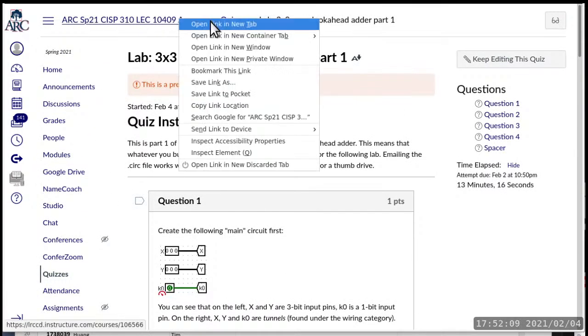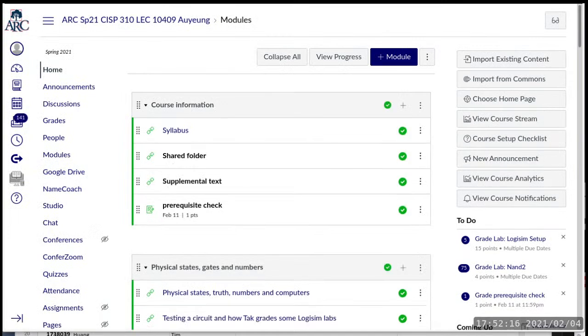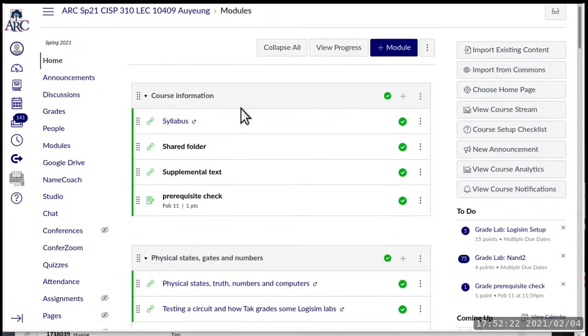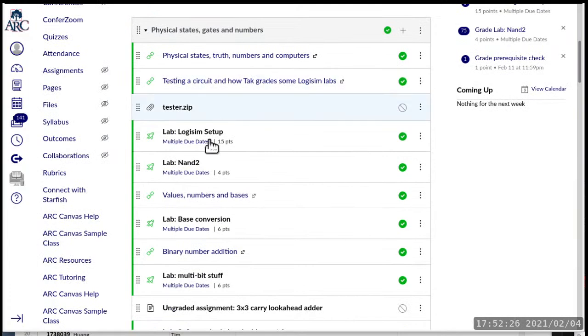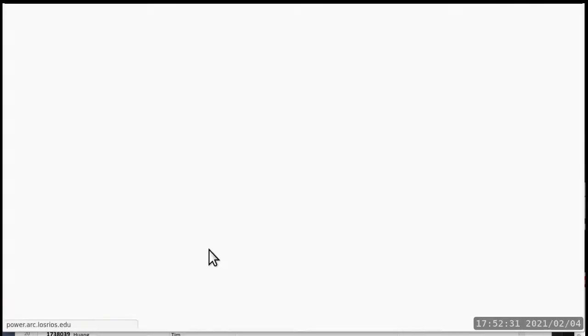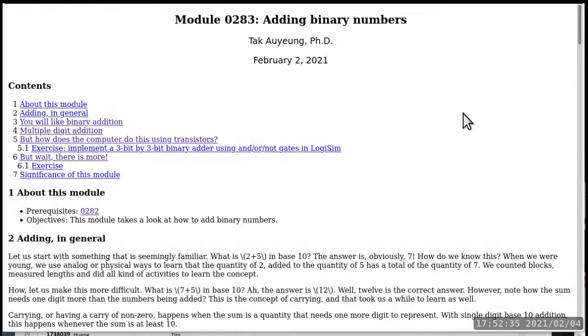Let me see if I can do this quickly. I can open a new tab and move it close to the other one, because this way it's easier for me to remember which tab is which. Then when we go back to the notes on Tuesday, which is binary addition, we can find out what the definition looks like.